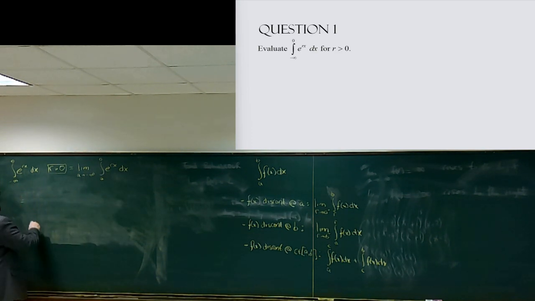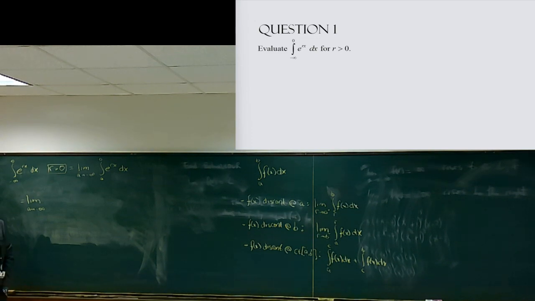What's that antiderivative? It would just be e to the r x, over x. Not over x, but our x is going to need a u substitution. What is u?